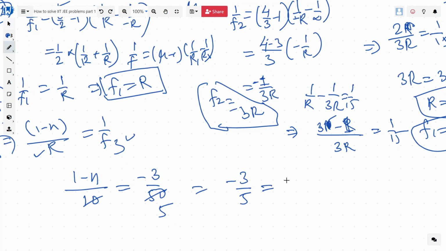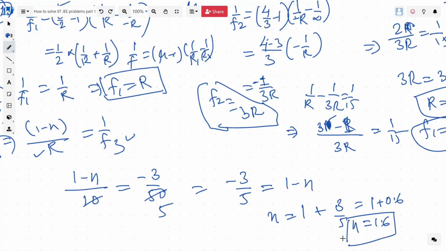Go on that side, and simply find whatever the number is: 1.6, so 1 plus 0.6, and that is 1.6, and that is the refractive index we are looking for.